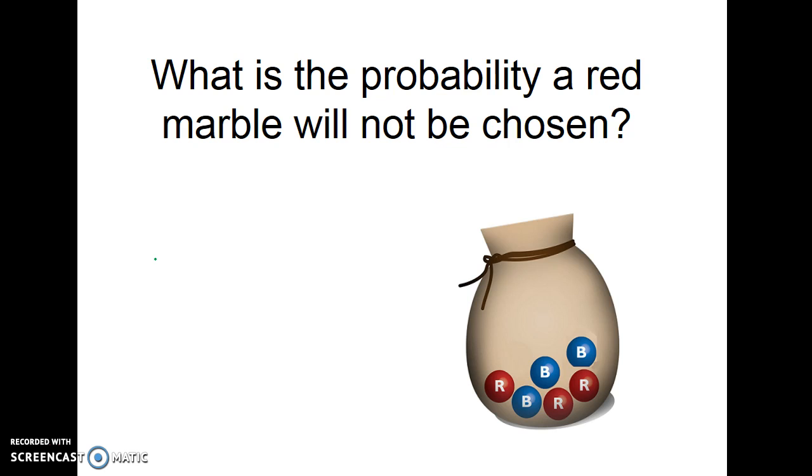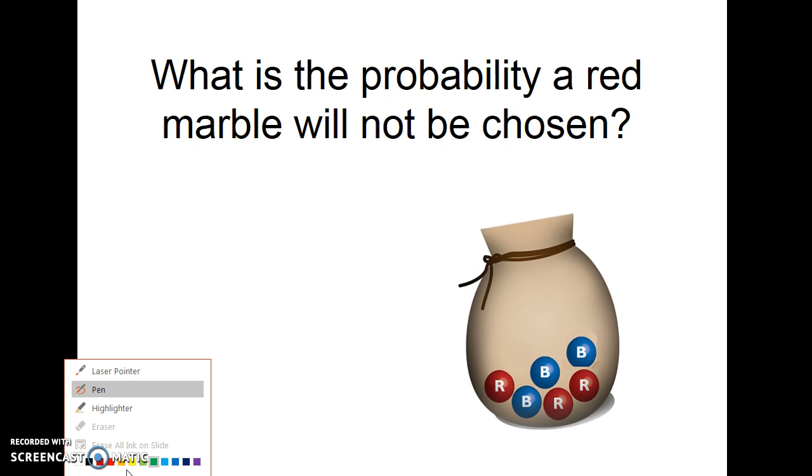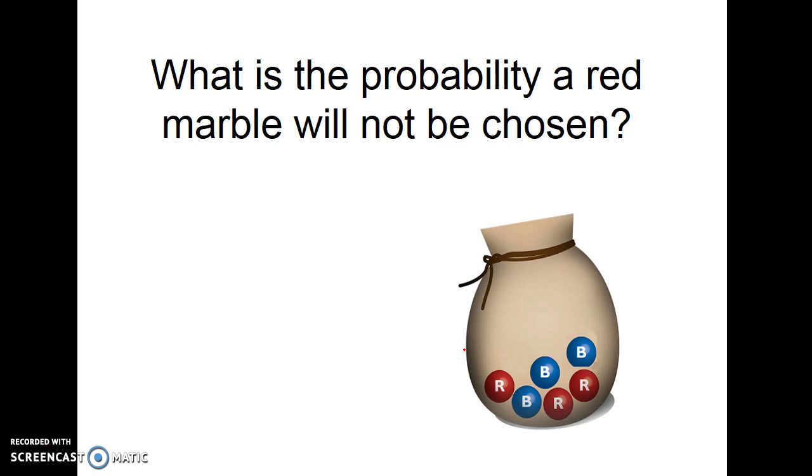So now there's this bag of marbles, and in the bag there are red and blue marbles. And you can see that they are equally likely. But I'm going to change this bag, and I'm going to add one more red marble to the bag. So let's make it not equally likely.